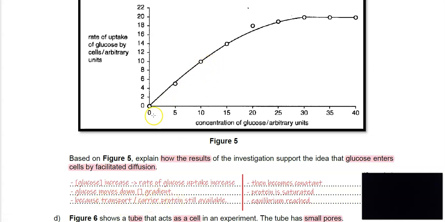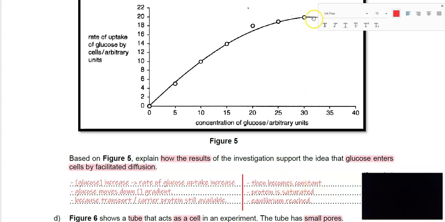You have so many carrier proteins still available to allow glucose to be transported from outside into the cell, to be taken up by the cell. But at a certain point, the rate of glucose uptake will become constant.